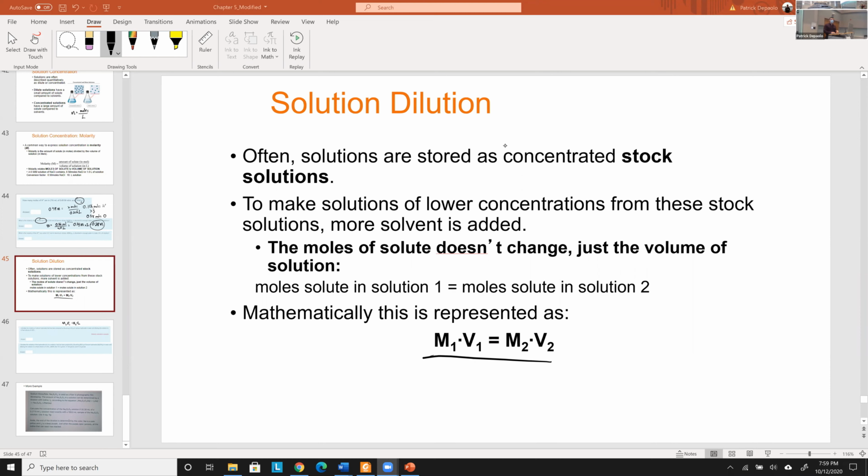So you have a high concentration of a low volume, and you want to dilute that. Let's say as a TA, right? I was a TA. What I do is I have a stock solution of hydrochloric acid that is 20 molar. That is so high in concentration that it would burn through your glove, and it would really irritate your skin. It'd be terrible, right? But obviously for general Chem 1 students, we don't want them to be using that in the lab, right?